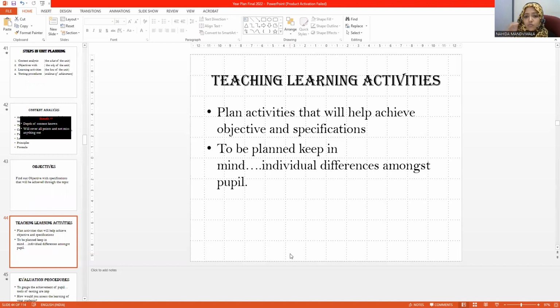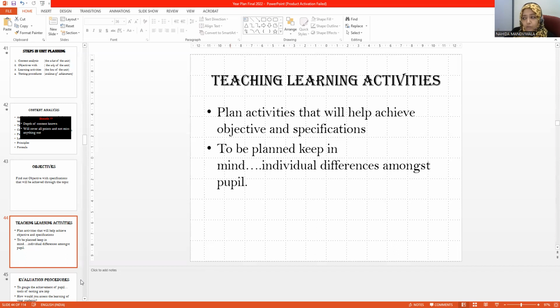activities. So as a teacher, while you're listing down your content and your objectives, you also have to at the same time decide what teaching learning activities you will plan in the unit plan of a particular chapter, such that your objectives will be achieved in the most successful way.